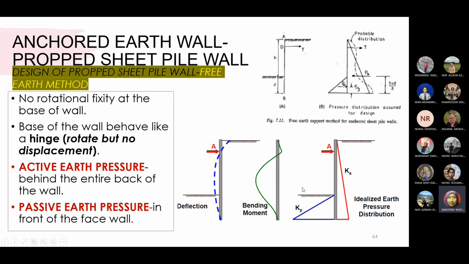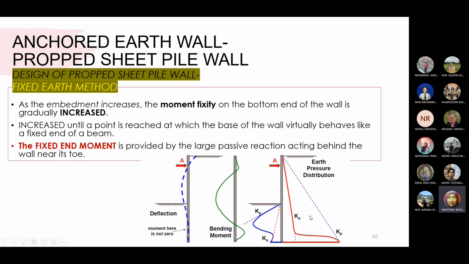Kalau you nampak kat sini, it's only involved with a homogeneous soil. So bila homogeneous soil, dia tak ada surcharge semua. So only have an idealized earth pressure distribution. It's very easy lah. Dia hanya ada active pressure back of wall and then passive pressure in front of wall dengan satu lagi forces ataupun additional reinforcement A yang ada dekat bahagian wall tersebut.